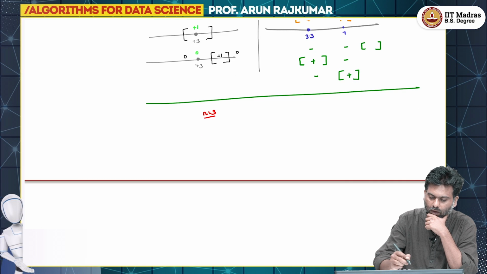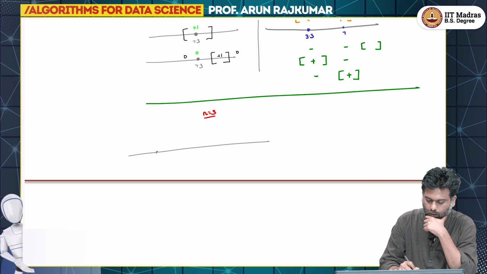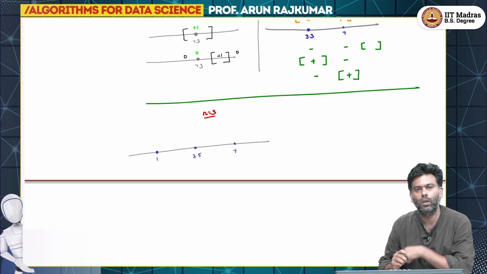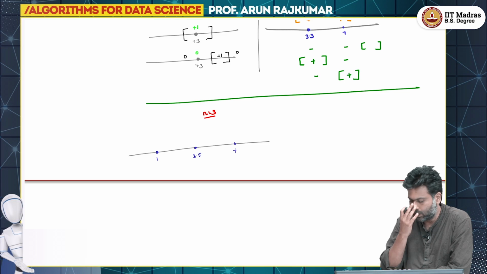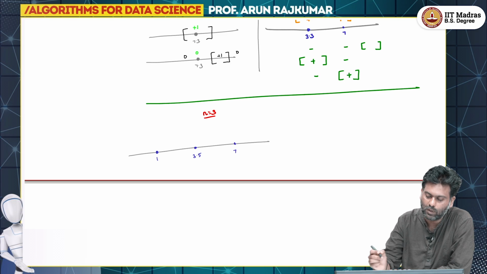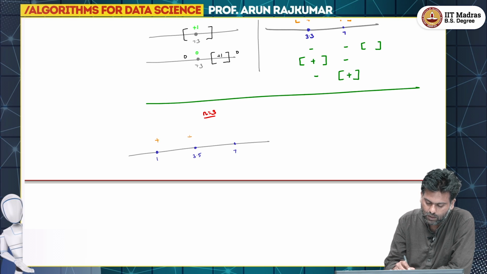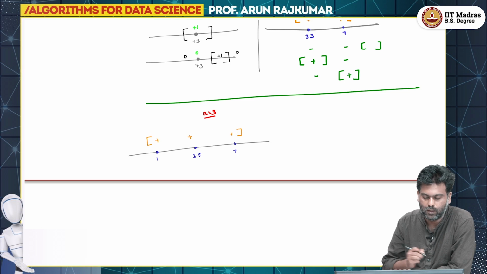When n equals 3, let us say you give me 3 points, let us say 1, 3.5 and 7. Now I have 3 points, and I have to give you labels for these 3 points. The question is, do I have a strategy? If I say plus, then you will demonstrate this.